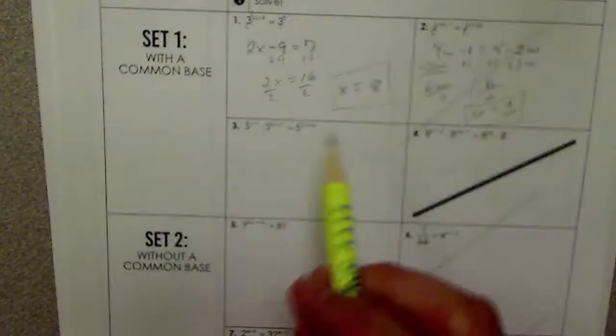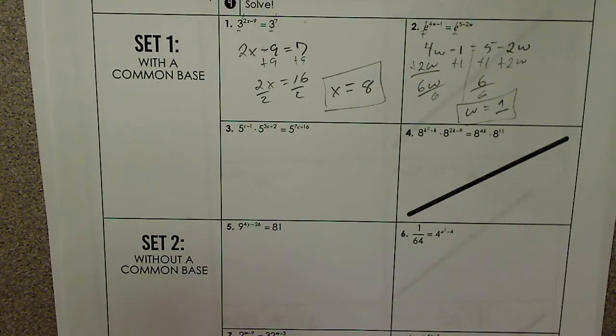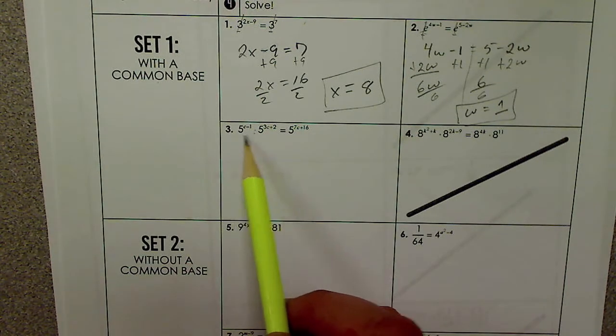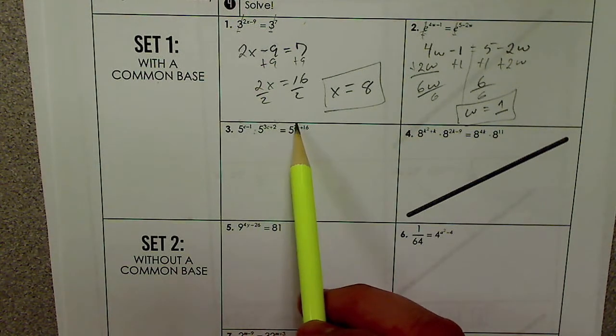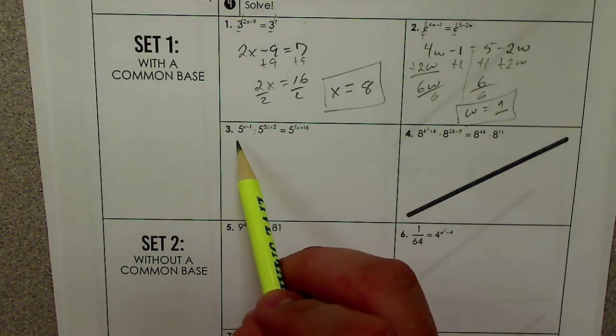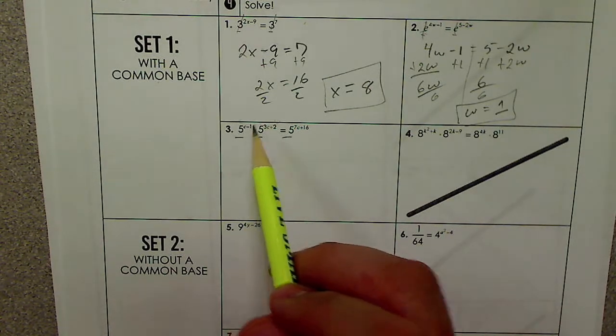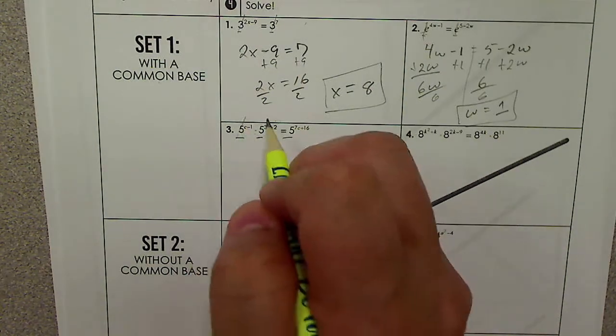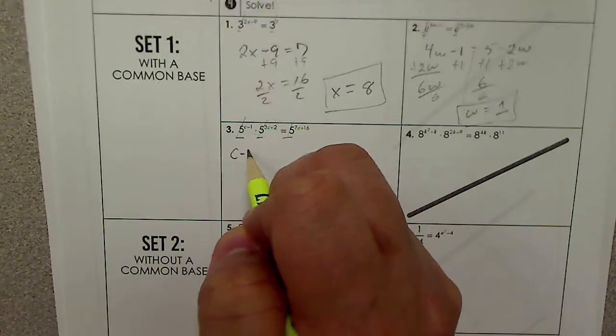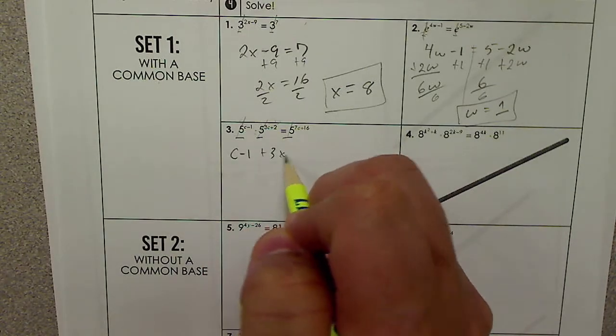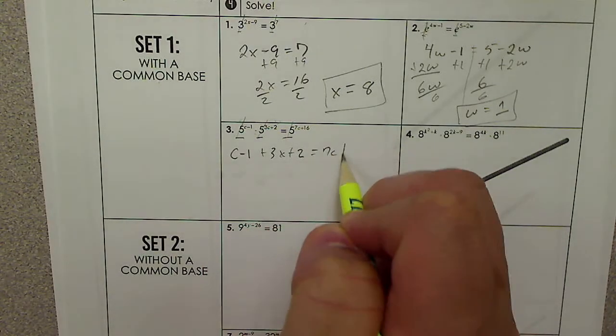So what happens when you have multiple bases? This is where the exponent rules come into play. If we're multiplying the common bases, we're essentially adding exponents. That's all we're doing. Since there's a common base of 5 across, this essentially becomes c minus 1 plus 3c plus 2 is equal to 7c plus 16.